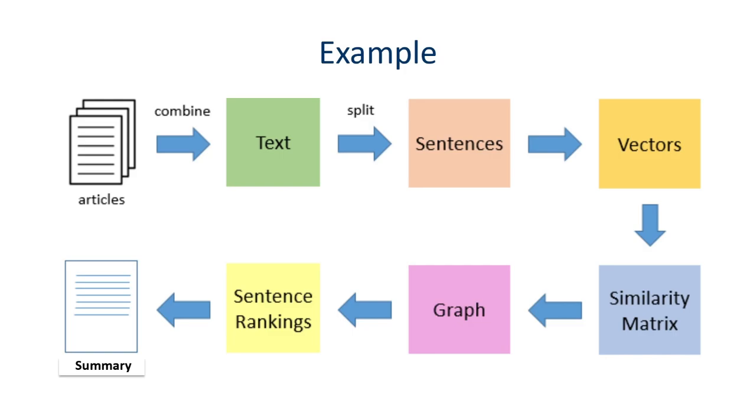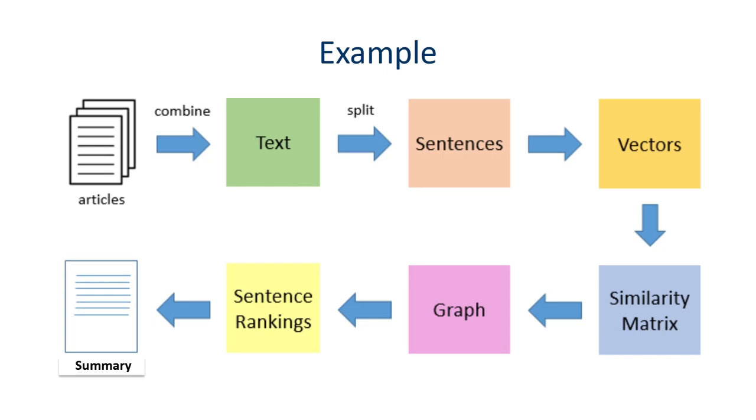On this slide, we can see the complete process of how extractive text summarization works, step by step. Let's walk through it slowly. We start on the left side where we have multiple articles or documents.